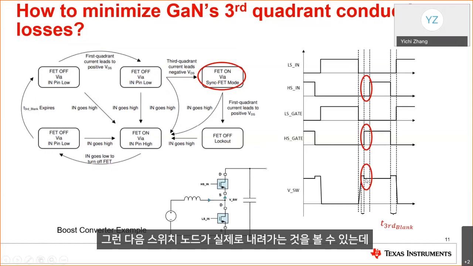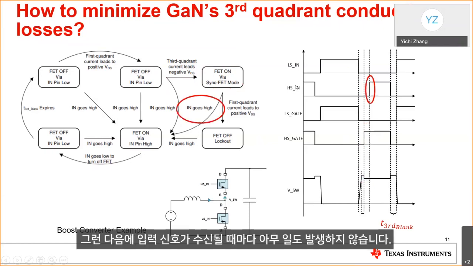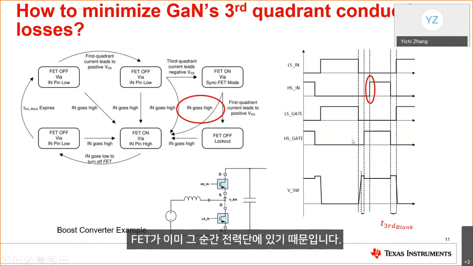And then you can see the switch node actually goes down because the FET is in the on state. And then the next one is when the input signal is received and nothing happens because the FET is already in the on state at that moment.